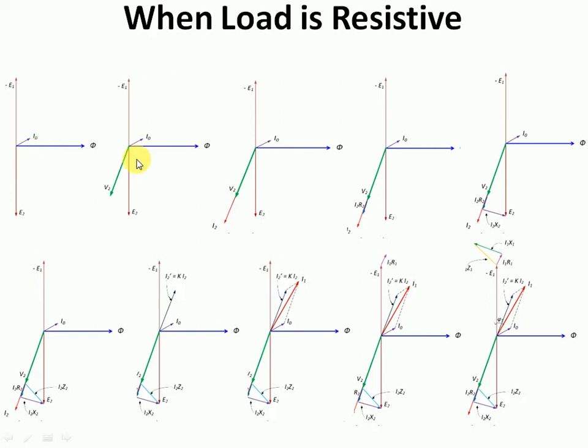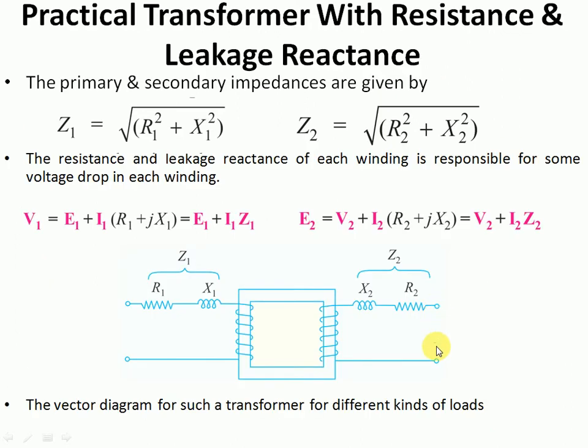In step 2, you have to draw V2. V2 is actually the voltage which appears across the load on the secondary side. You have to draw this V2 lagging E2 by some angle. The voltage appearing across this terminal is V2, and the load which is connected here is now a resistive load.